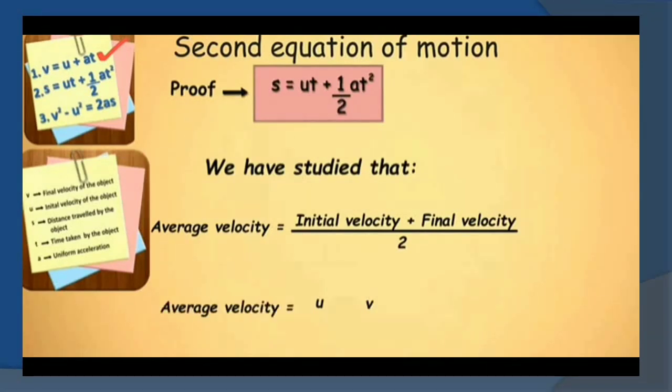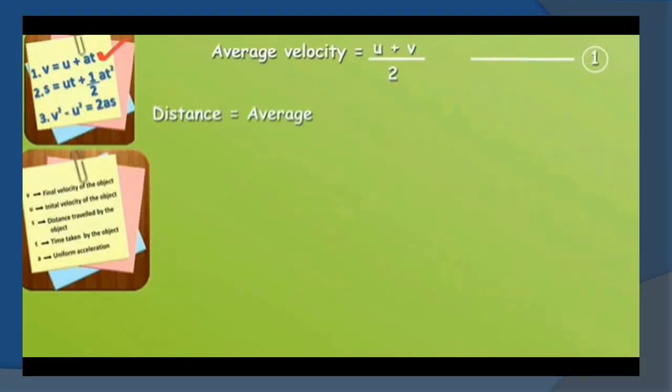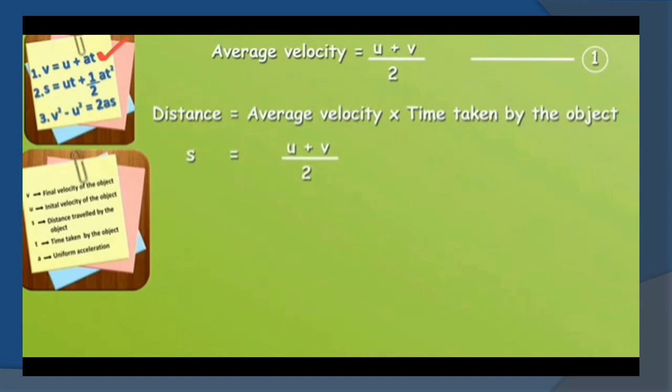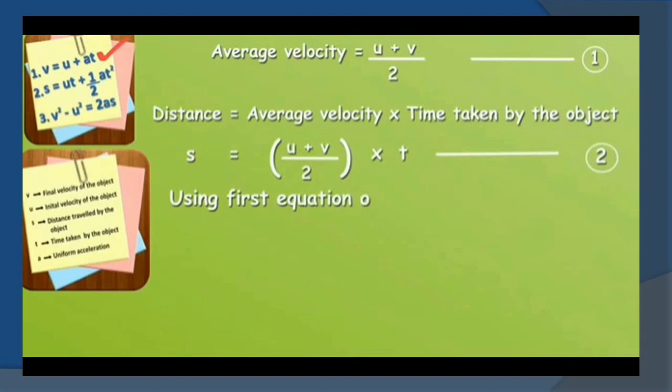So here average velocity will be u plus v upon 2. This will be equation 1. Now distance is equal to average velocity into time taken by the object. So if we put the value of average velocity from equation 1, the next step will be s is equal to u plus v upon 2 into time, and this will be equation 2.